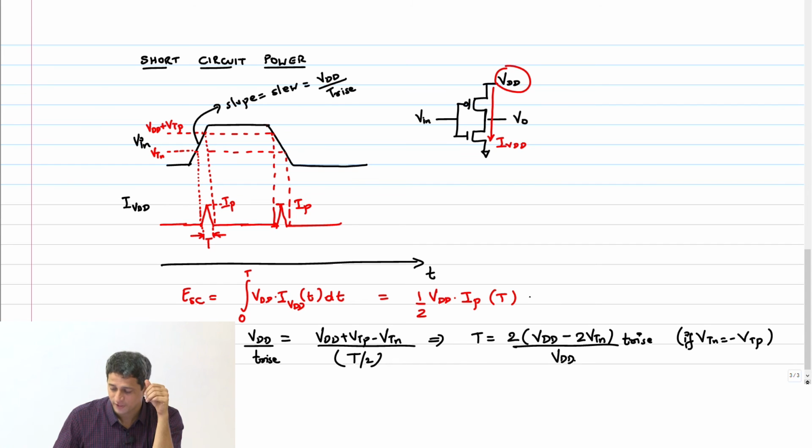Of course this expression here is only for the rise. For a rise and fall, it's going to be twice that, right? So I can just say VDD into IP into T, and then you substitute this expression, you will get the expression for the short circuit energy. Clear?